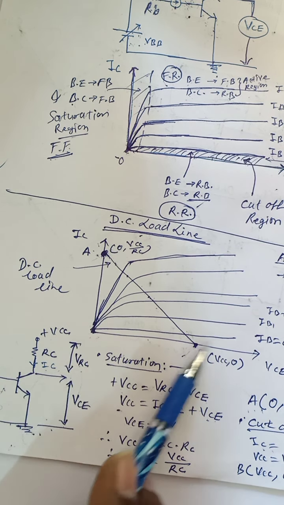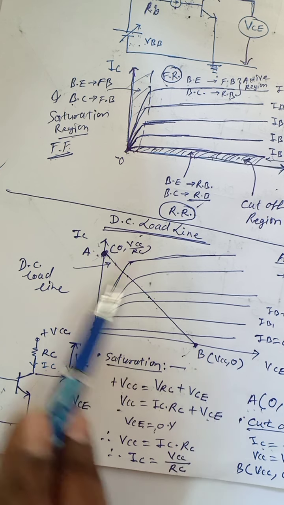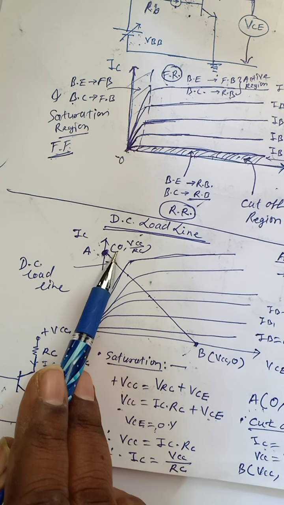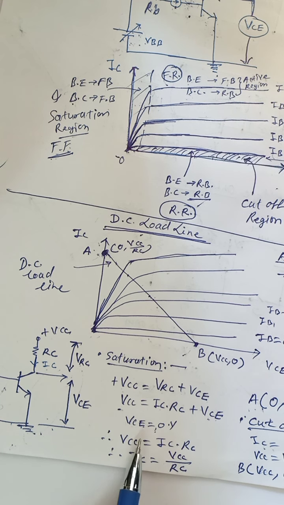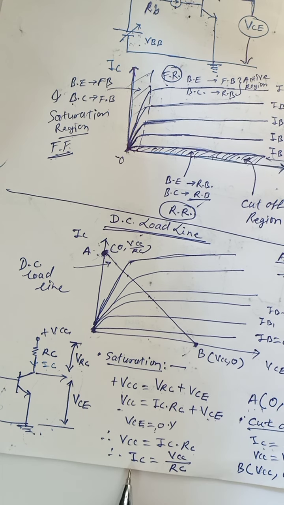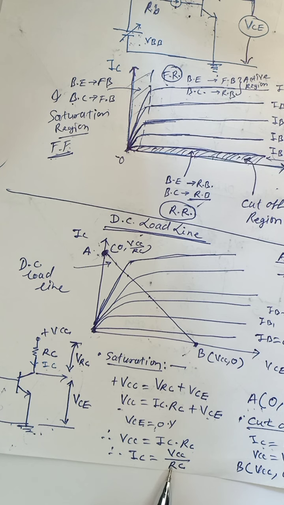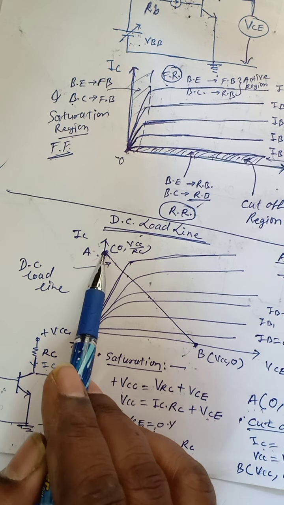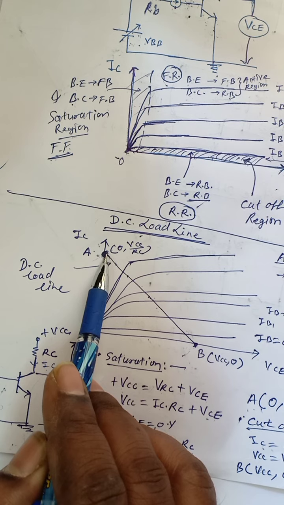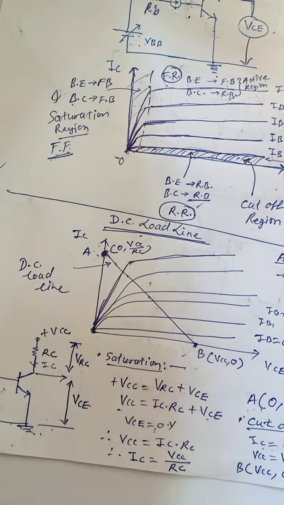The x coordinate is VCE, so VCE equal to 0. Using this, VCC equal to IC into RC, therefore IC equal to VCC by RC. So the coordinates of this point are 0 for x, and VCC by RC for y.